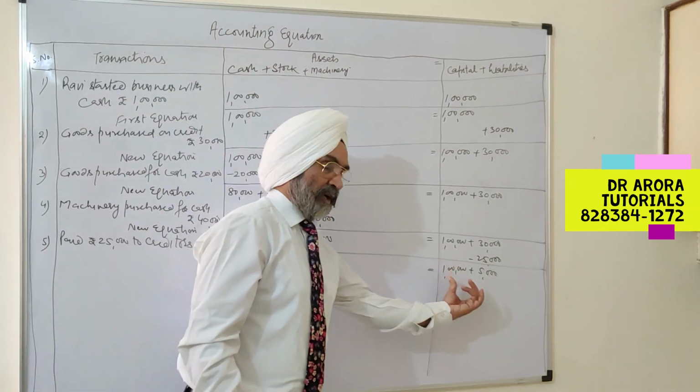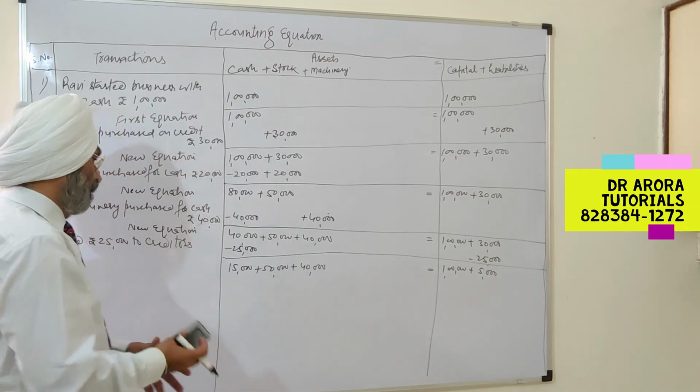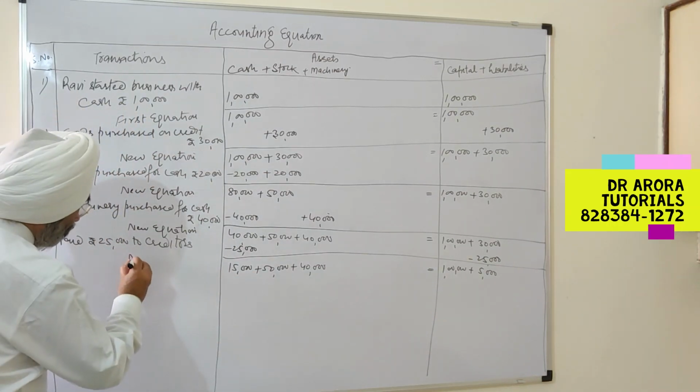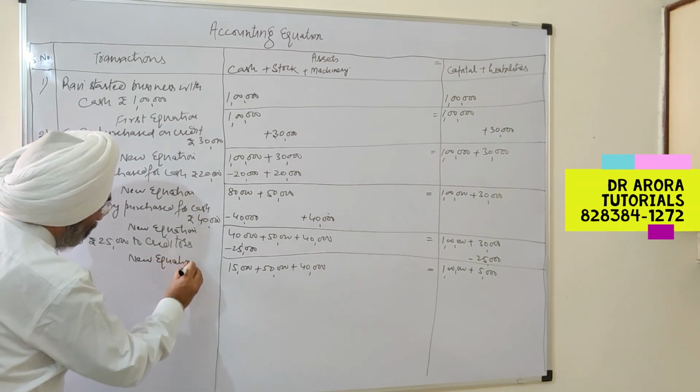So 1,05,000 on this side and 1,05,000 on this side. This is our new equation.